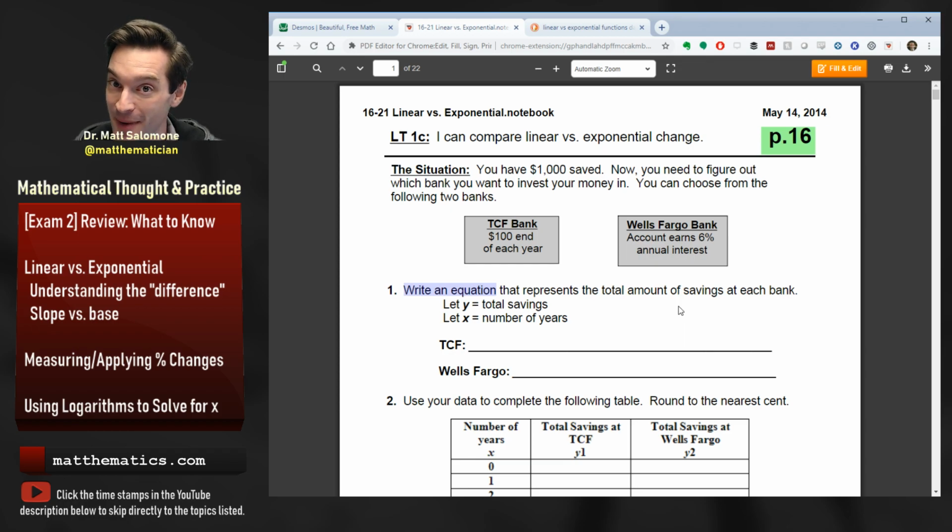And that is not my speed, especially in a course like ours, where I put a high priority on us being able to talk about these concepts, not just by diving directly into algebra, but by dwelling on the other ways of communicating mathematical thought first, by thinking about constructing a data table, and by thinking about constructing a graph. So I want to be able to do both of those things before we get to the equation question, because this is where we're really, I hope, going to understand best the difference between linear behavior and exponential behavior.